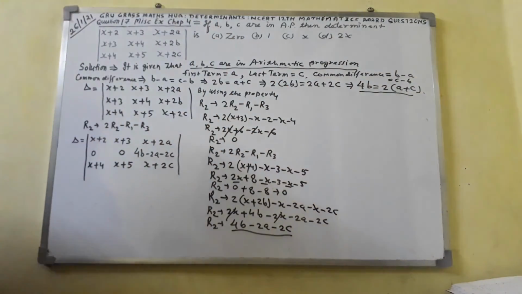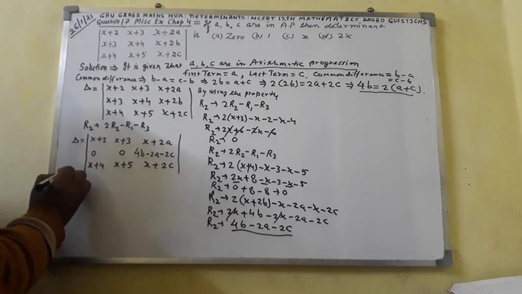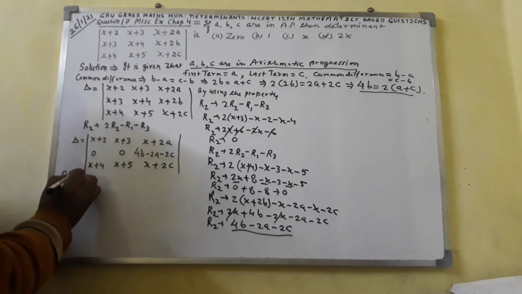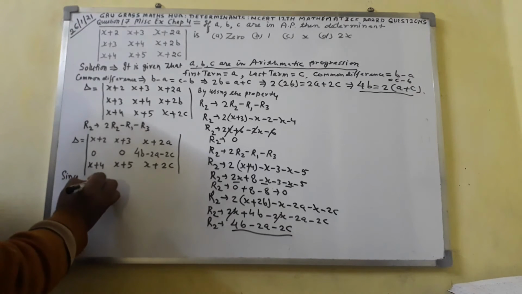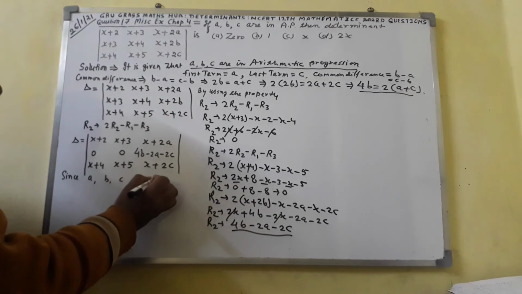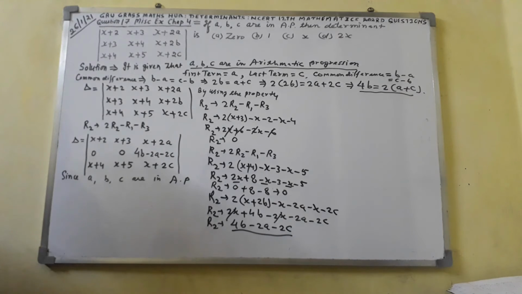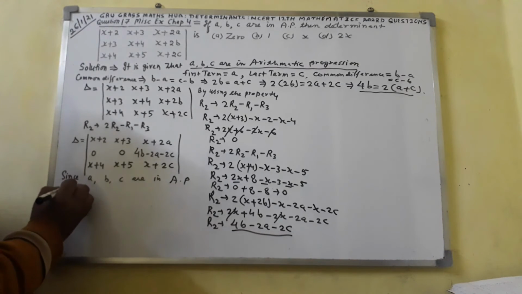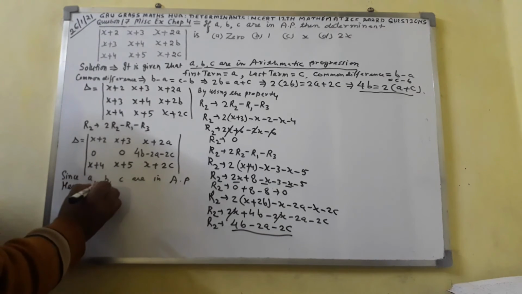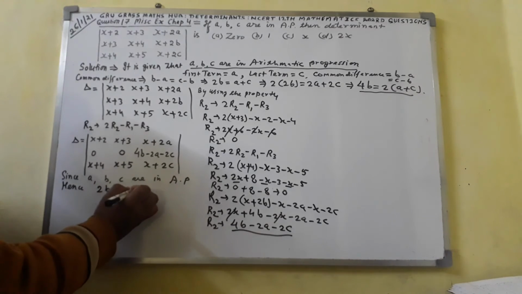So here I can write very well: since a, b, c are in AP, hence 2b equals a plus c.